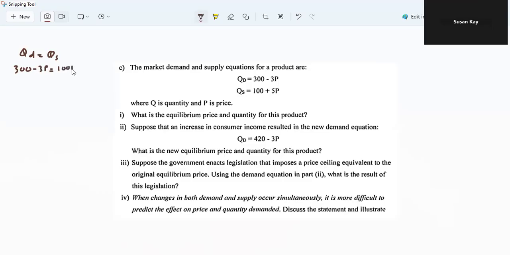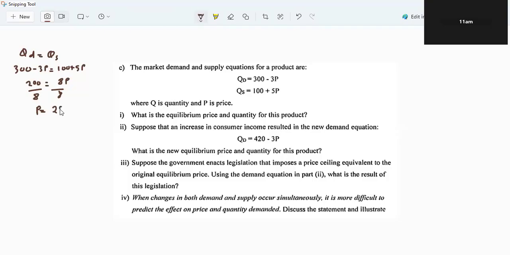So when we get the like terms, it will be 300 minus 100, which is equal to 5p plus 3p. So 300 minus 100 we'll get 200, which is equal to 8p. So for us to find the price, we need to divide both sides by 8. So 200 divided by 8 will be 25. So our price is 25.